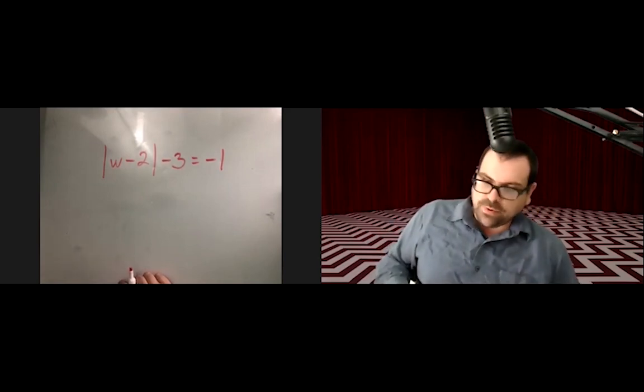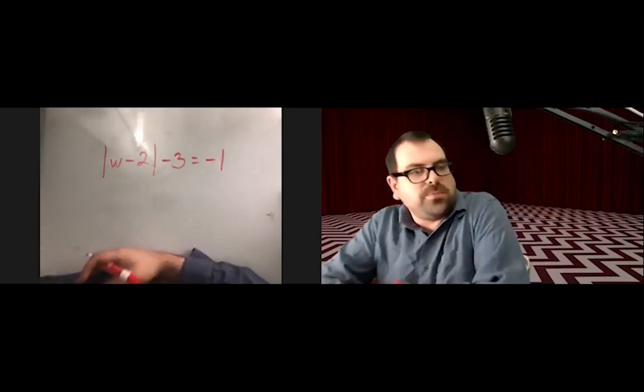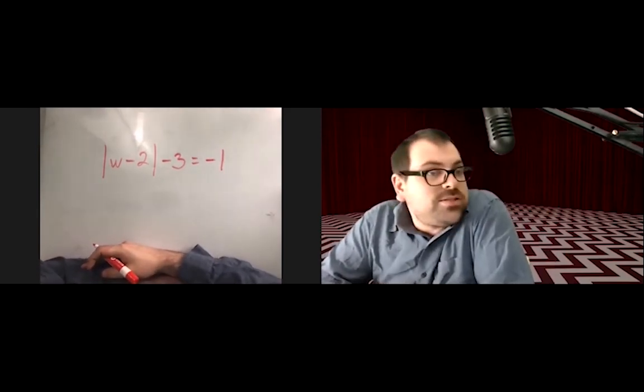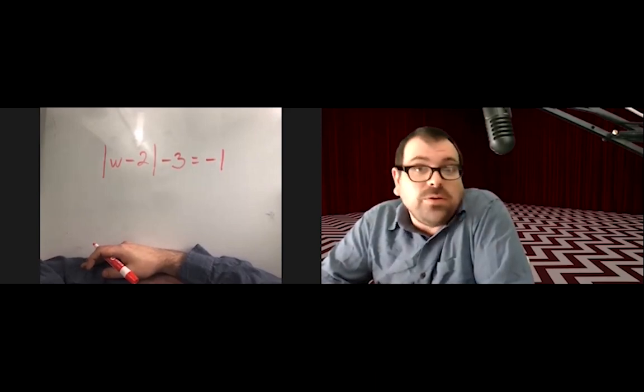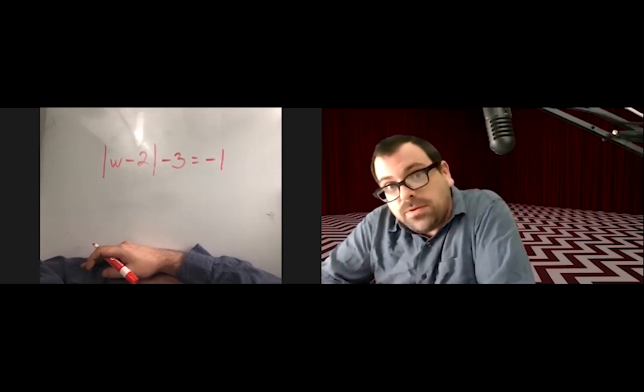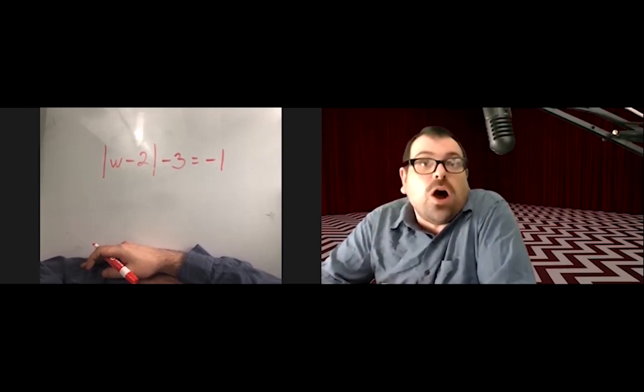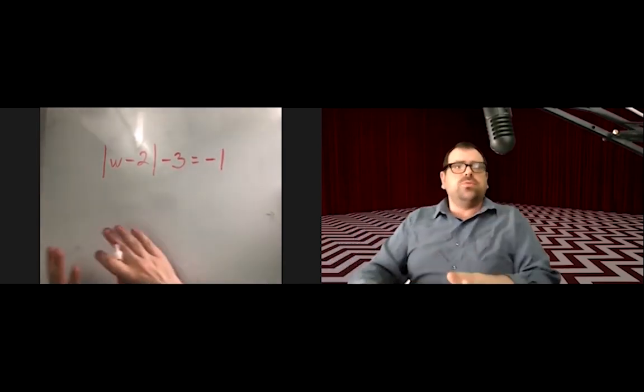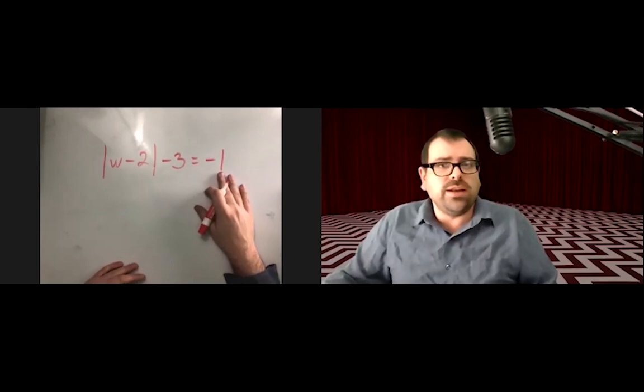If you looked at this problem, absolute value of w minus 2 minus 3 equals negative 1, and you went no solution, I have tricked you by making you think that I was tricking you. No solution is wrong here. And you might go, wait a minute, you said if it equals a negative, this equals negative 1.